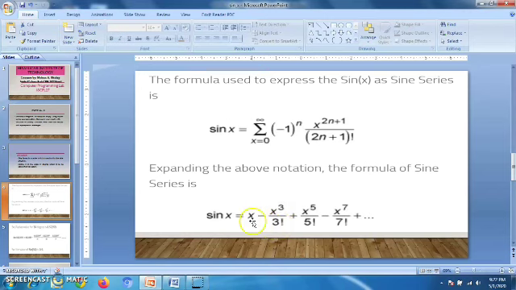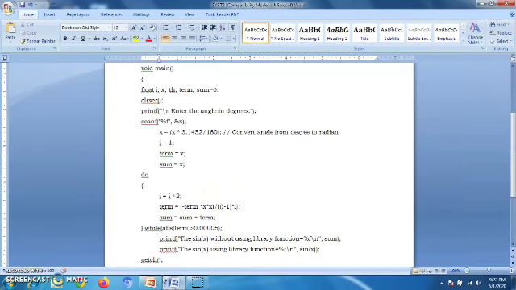In our program also, each time we have to generate a particular term, calculate the value of this term, and add it to the old value. So that's why we use these two variables.